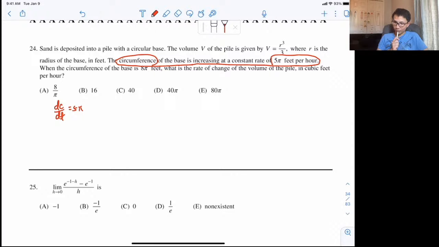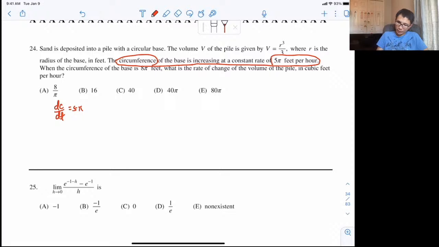How about Destiny? What else do you see here? What is the rate of change of what? Of the volume of the pile.